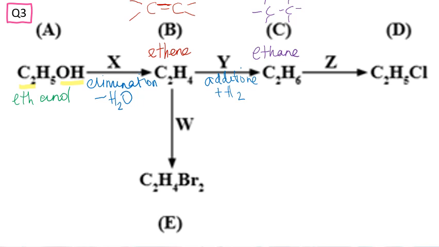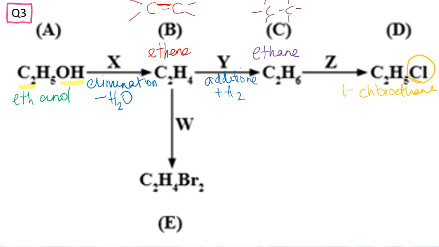Next, compound D is the same as ethane, except one of the hydrogens has been replaced by a chlorine atom. So when I'm looking at that one, I am seeing that this is ethane, but one hydrogen is now a chlorine atom. So that's going to be chloroethane. Now I could put 1 chloroethane there.